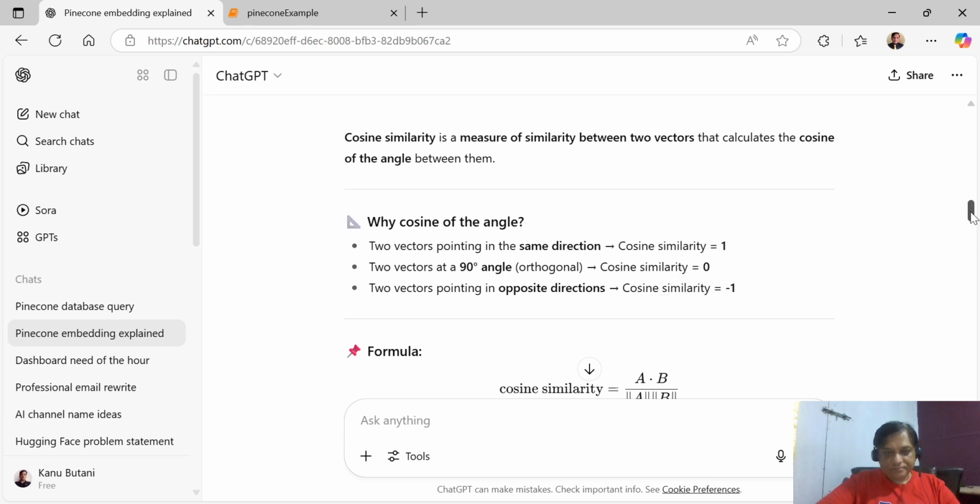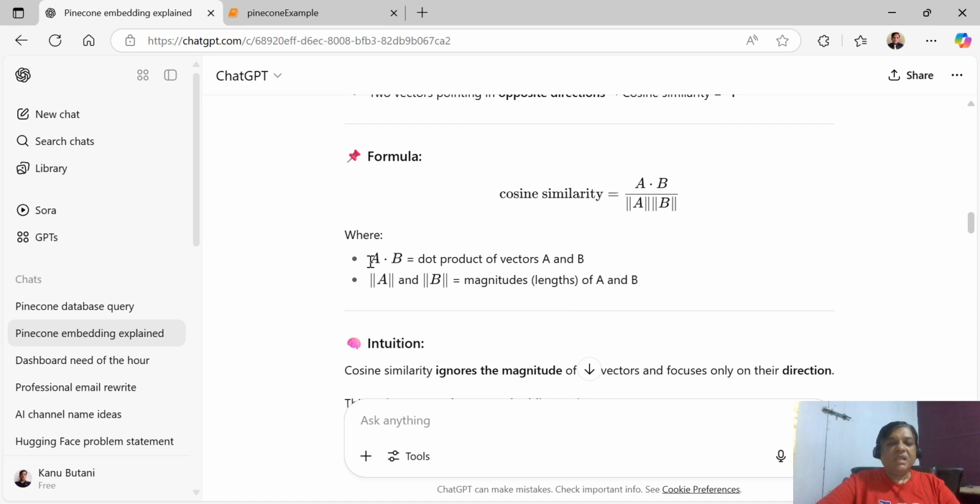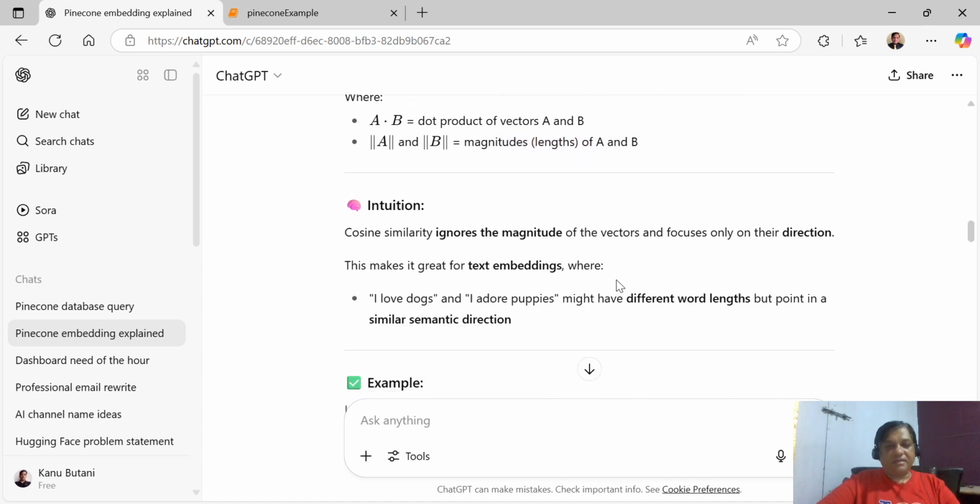The formula is a dot b divided by the magnitudes, the lengths of a and b. In cosine similarity, it will ignore the magnitude of the vectors, and in fact it will only focus on the direction.